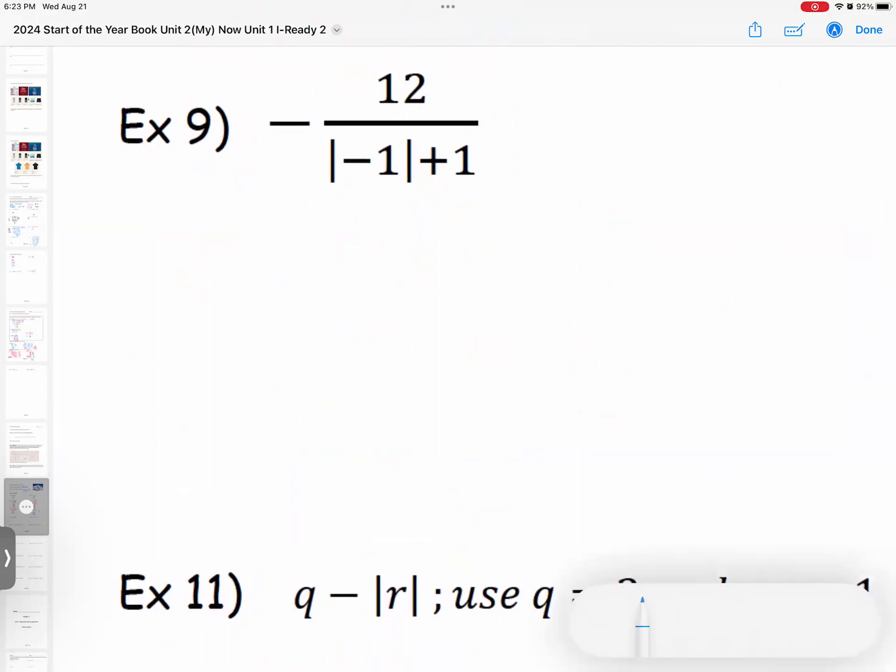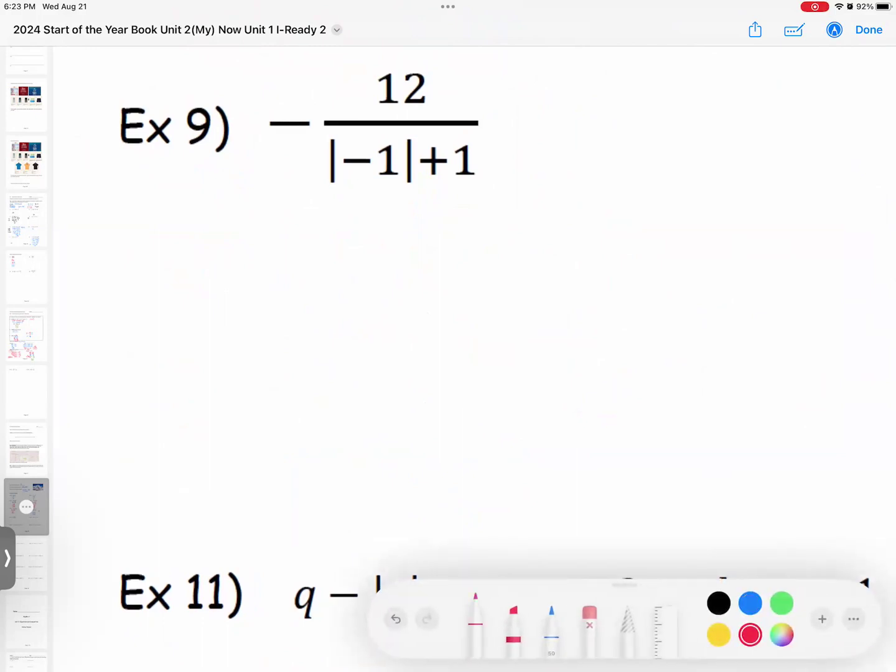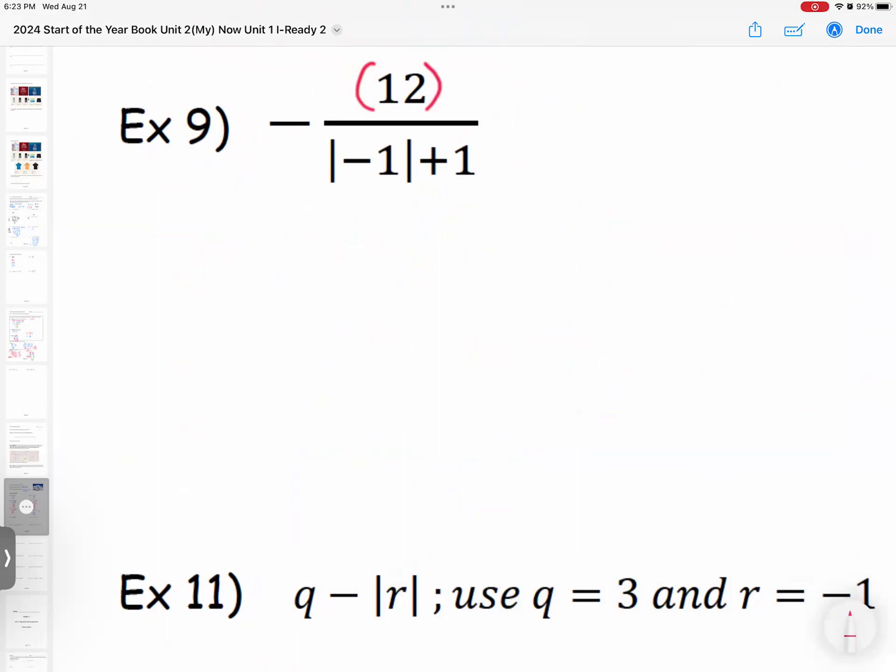Now, from our previous lessons, we've talked about where we've got a fraction. This entire numerator is seen as one set together. Likewise, the entire bottom is one set together. Now, we have this negative in front, right? So what are you supposed to do with that in typical practice? Generally, I always advise my students, if you see a negative in front like that, just throw it to the entire numerator.